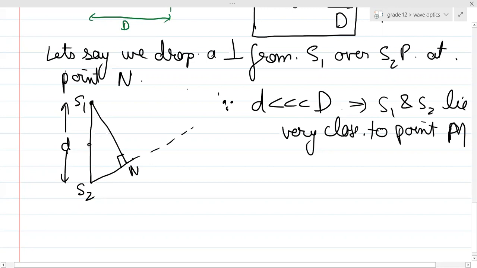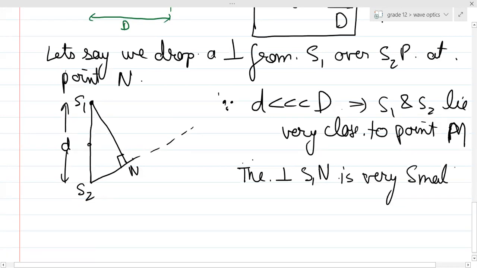Guys, is that clear? S1 and S2 were lying very close to point P, point M. If they lie very close to point M, then the perpendicular S1N, the perpendicular which you have drawn, is very small.